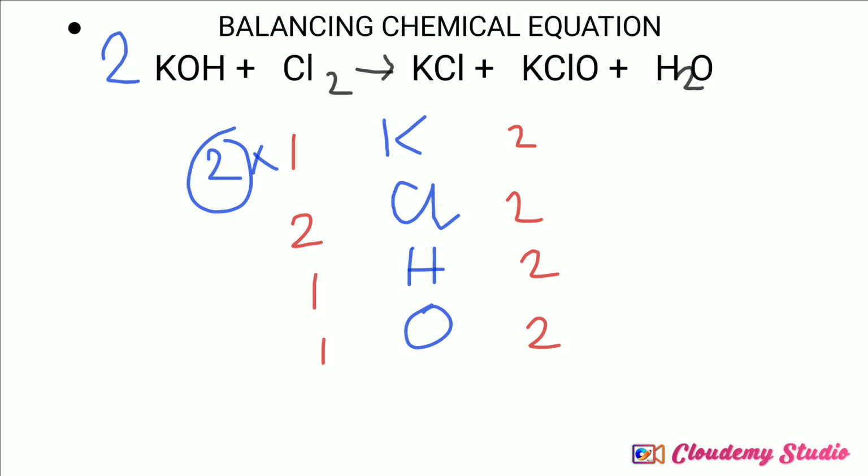The next one, chlorine, is equal on both sides. Hydrogen at the right hand side, 2 atoms, but at the left hand side, only 1 atom. Therefore, this 1 has to be multiplied by 2.